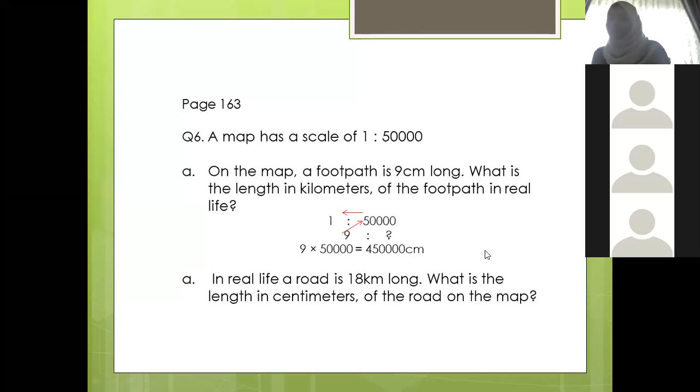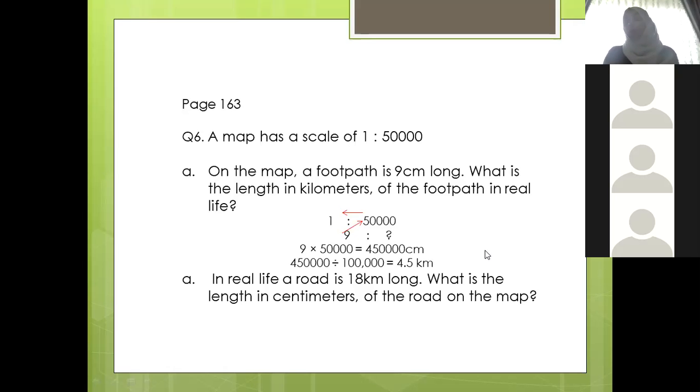From centimeters to meters, I need to divide by 100. And from meters to kilometers, I need to divide by 1,000. So how many zeros do you have, darling? 5 zeros. So you need to divide by 100,000, and that would be 4.5 kilometers in real life. Understood, Sarah?